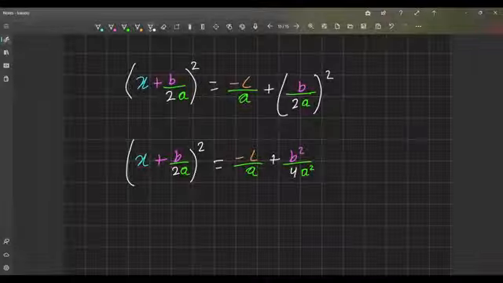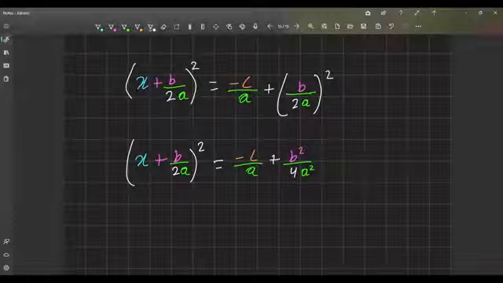Okay, it's simple. This would be with a 4, since 2 square would be equal to 4.